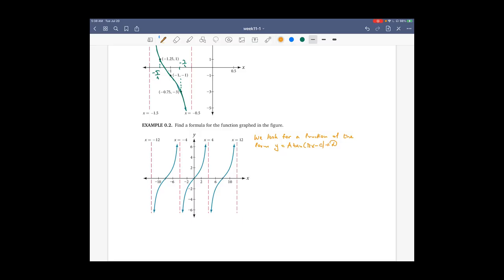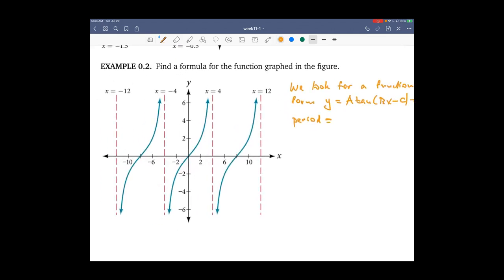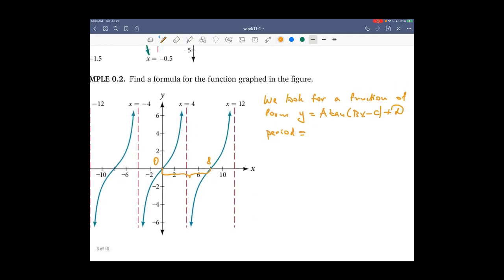And we can start with finding the period. The period from the picture seems to be 8, because this is 0 and this is 8, and of course the difference is 8.